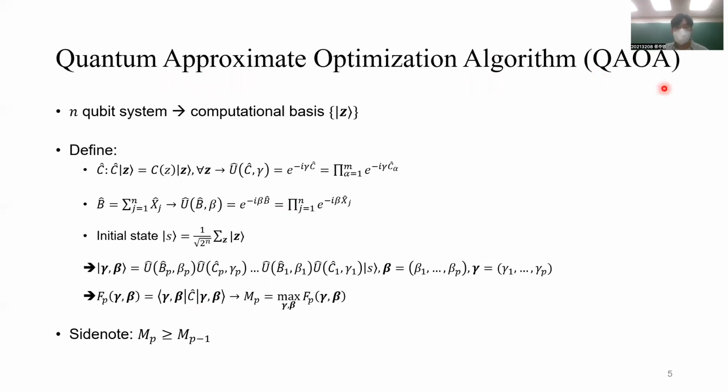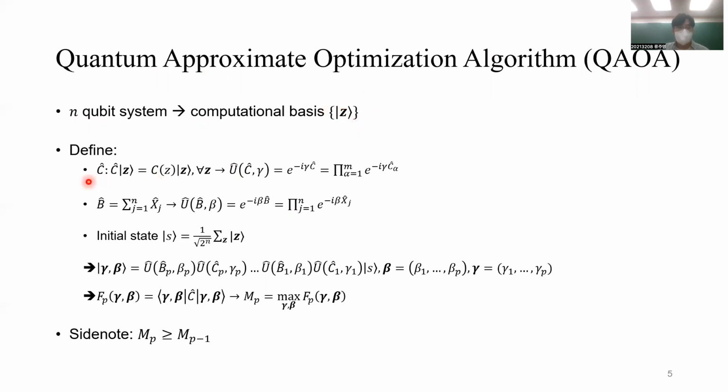In order to talk about this algorithm, we need to define a couple of things. Let's say that we have an n-qubit system, just like the n-bit combinatorial problem we had before. Then we can define the computational basis, and each computational basis state can be represented as a bit string, so we can write it as follows.